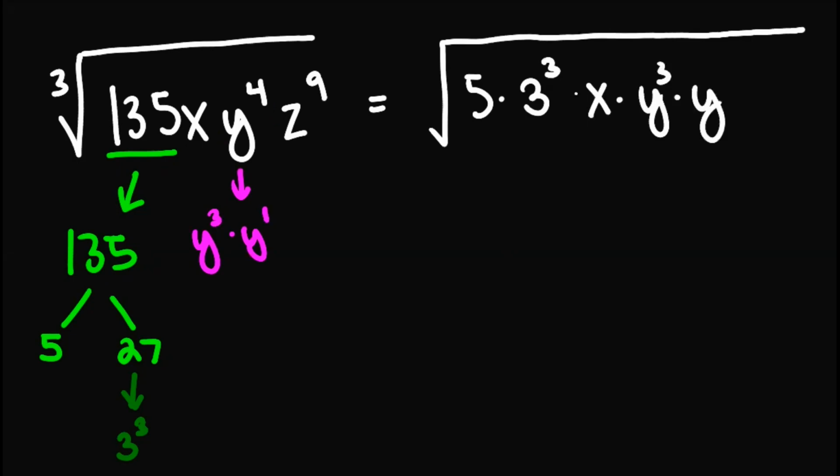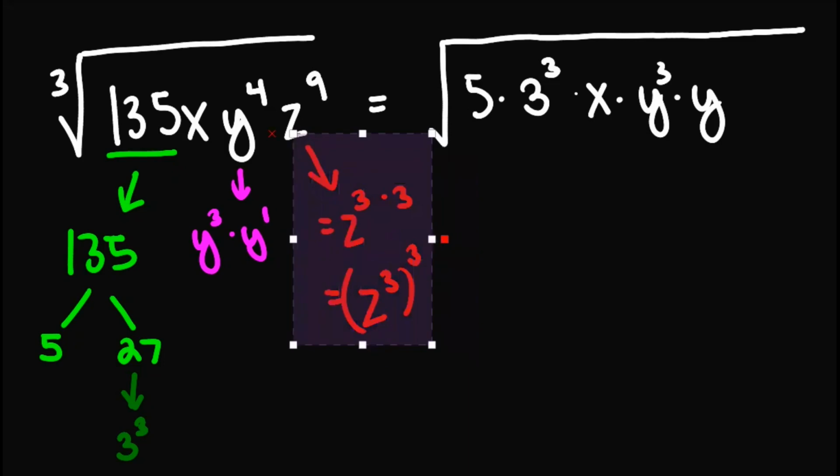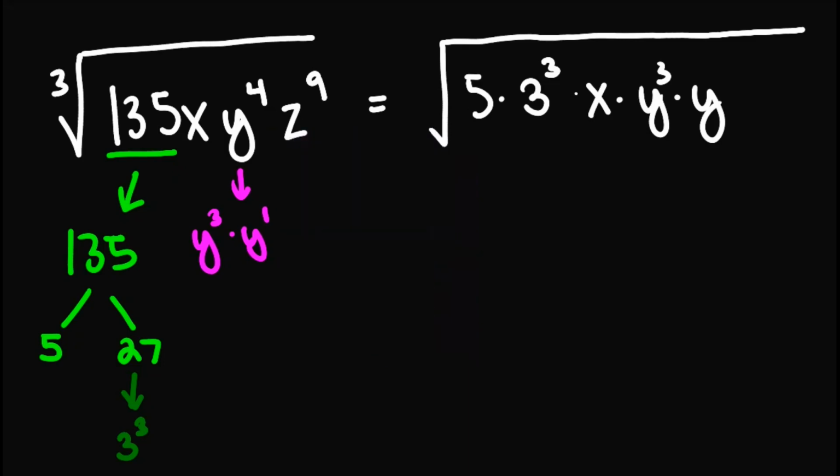Lastly, for z raised to 9, by laws of exponents as well, we can write this as z cubed raised to 3.